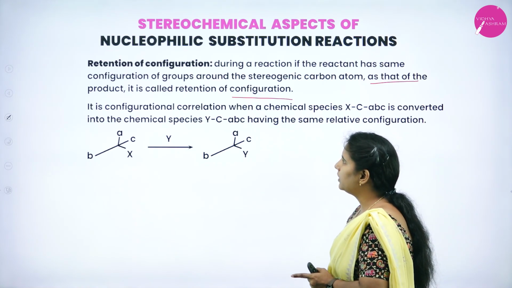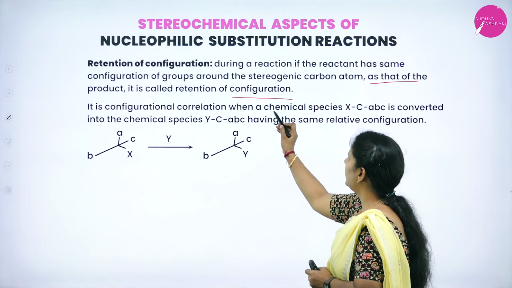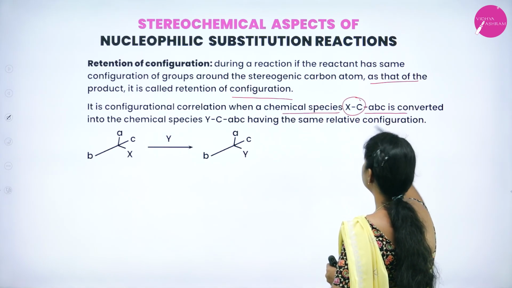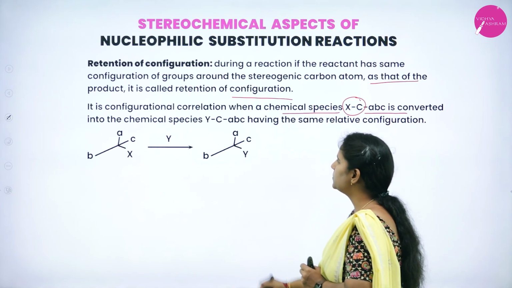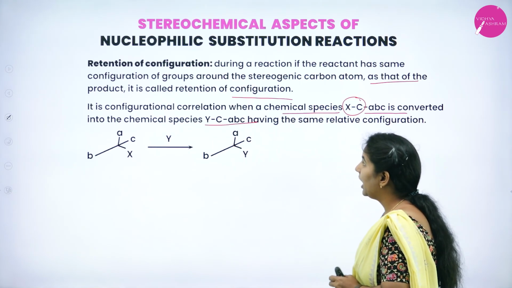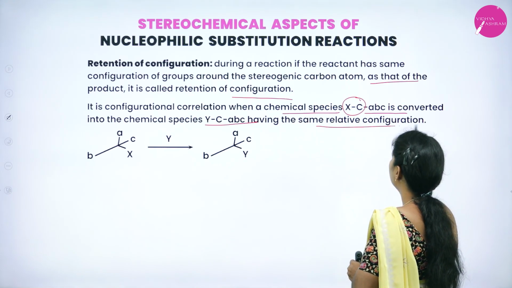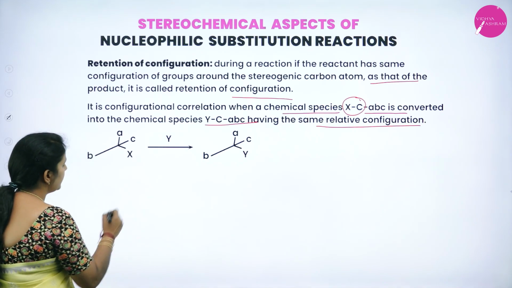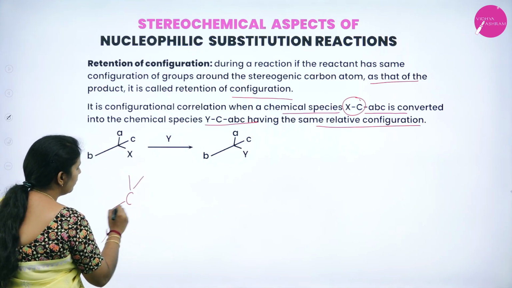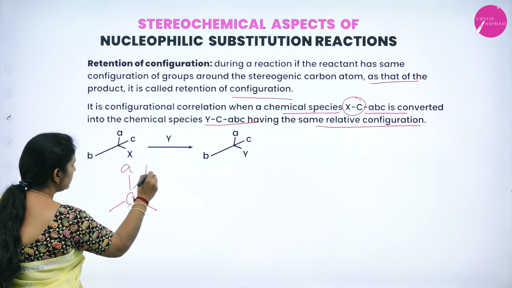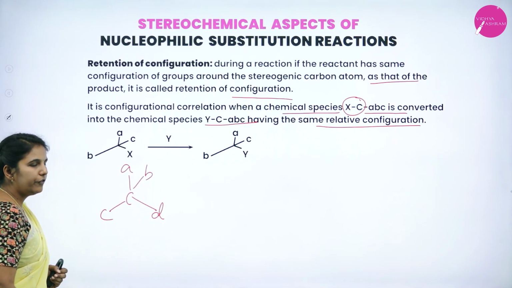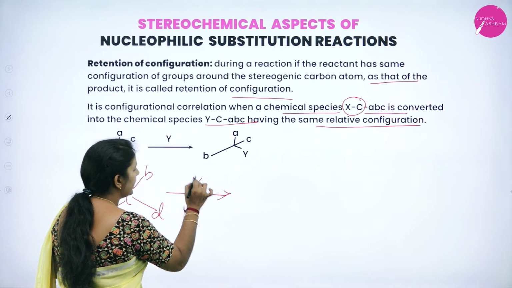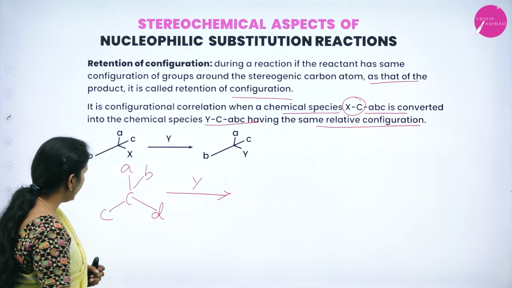It is a configurational relationship when a chemical species X with carbon ABC is converted into a chemical species Y with carbon ABC, involving the same relative configuration. So here you can consider a carbon atom having four different substituent groups, which is attacked by another reactant.